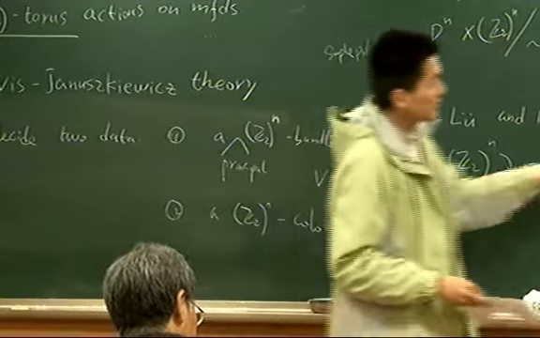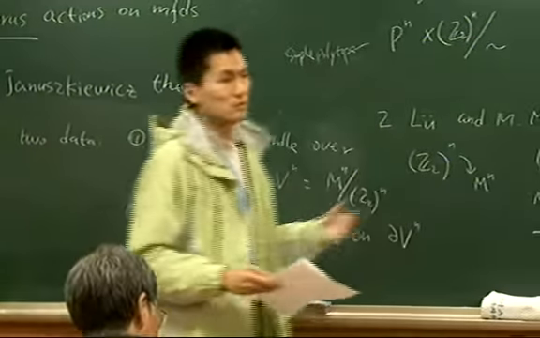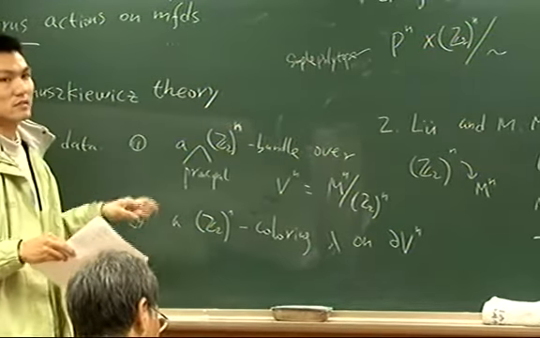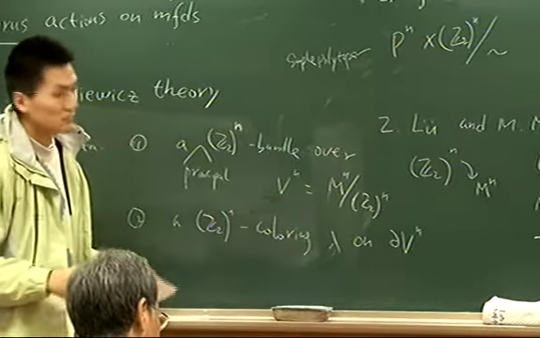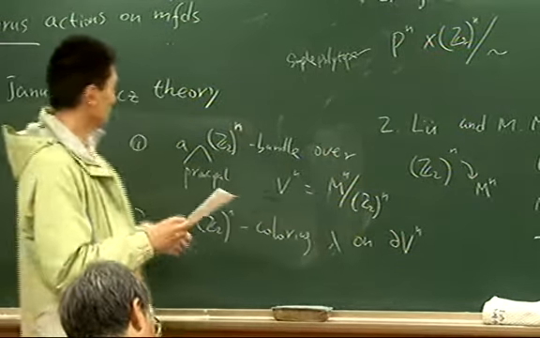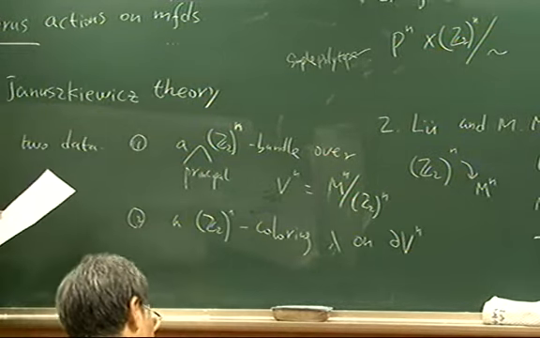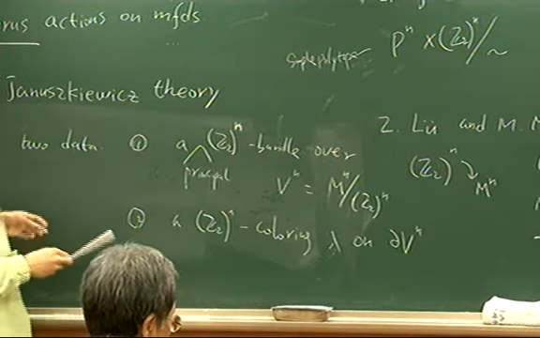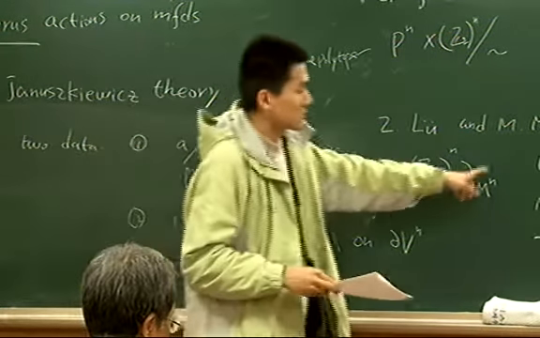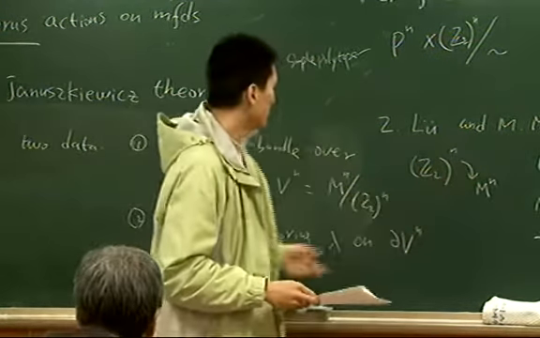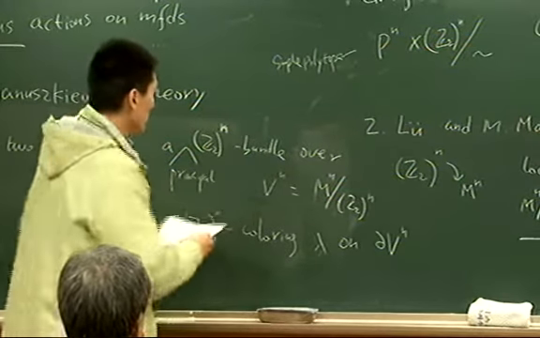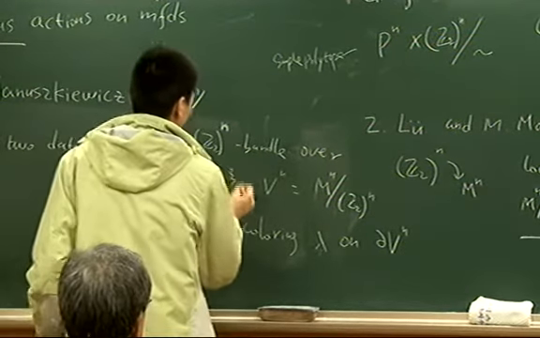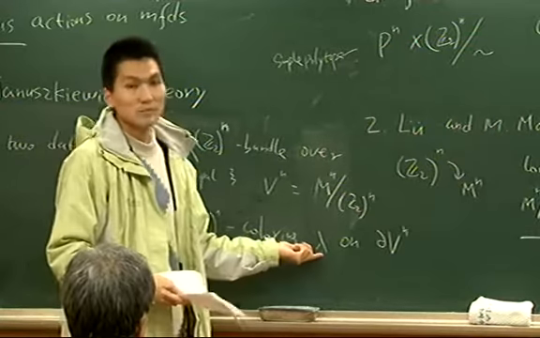So this encodes the isotropy groups of the facets, the interior of the facets, on the boundary of this orbit space. And their theorem says we can recover this action up to equivariant homeomorphism by this bundle, which I denote by Xi, and by lambda.